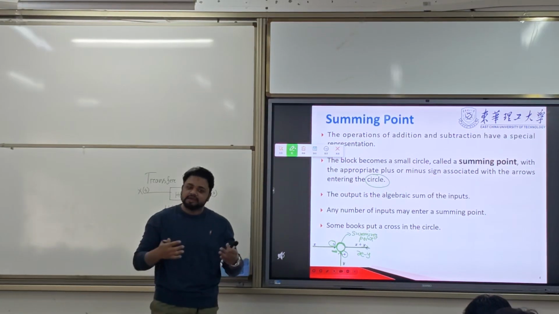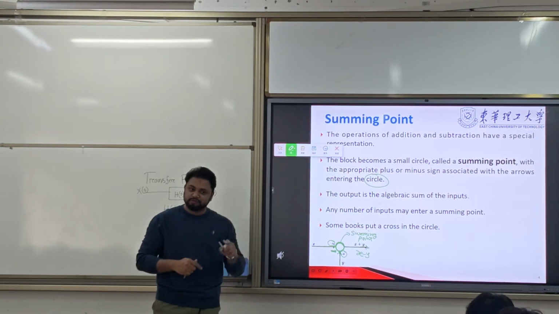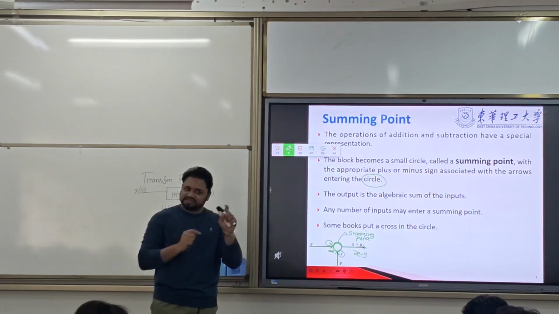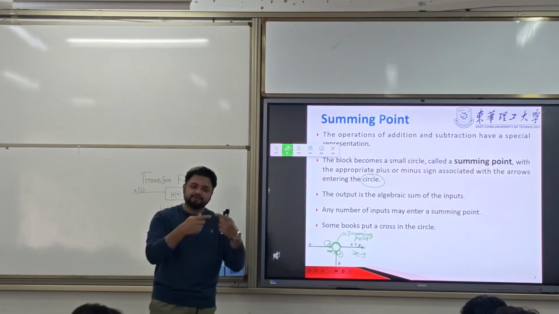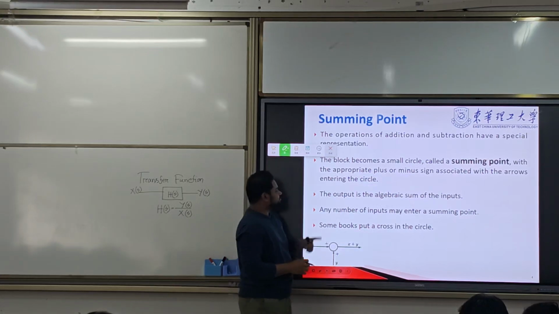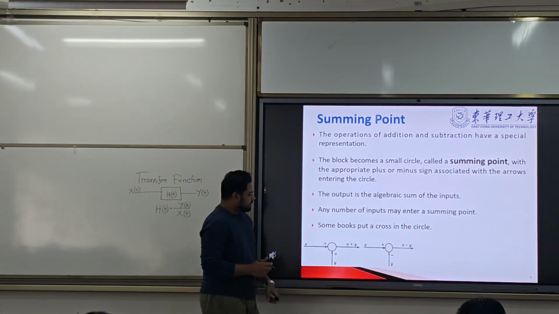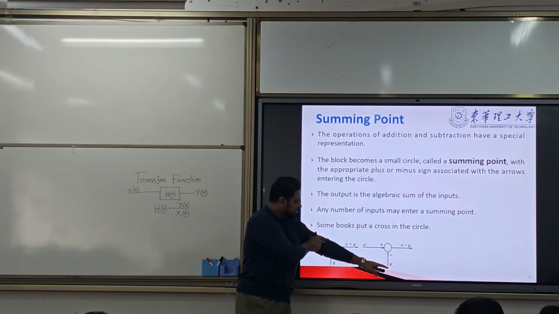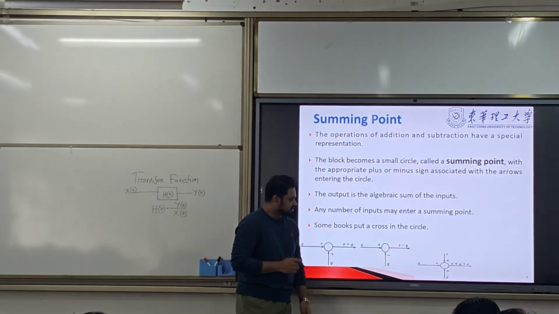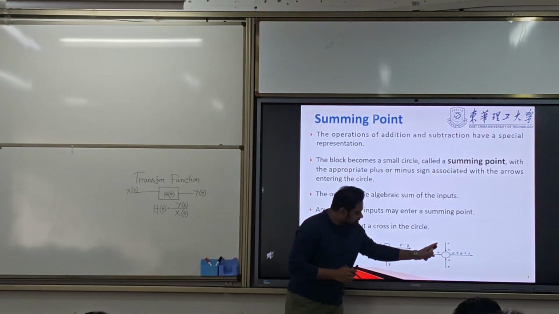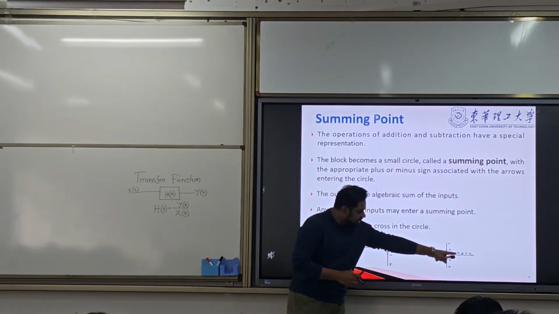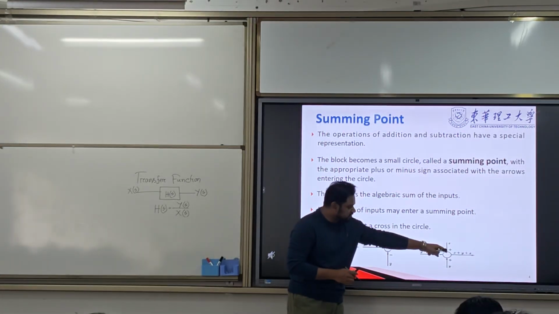Many pieces of information can join in one summing point. Different information, different signals, not the same. Like here, both signals are subtracting. Here, three different signals are adding, so x plus y plus z.